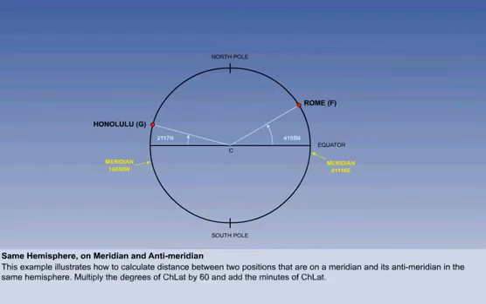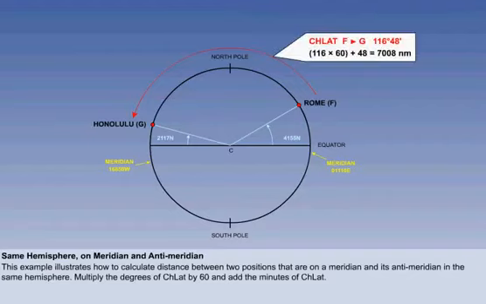The latitude of the North Pole is 90 degrees. We can calculate the total ChLat to be 116 degrees 48 minutes. This equates to 7,008 nautical miles.